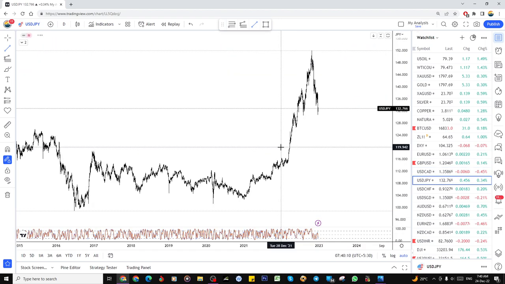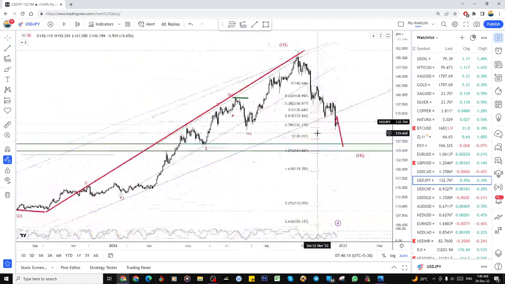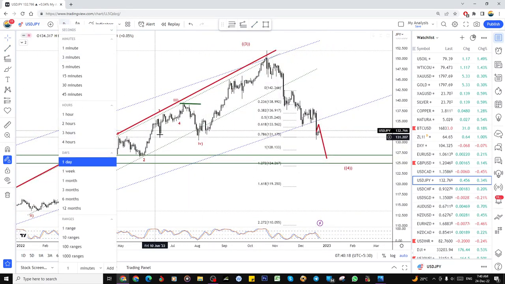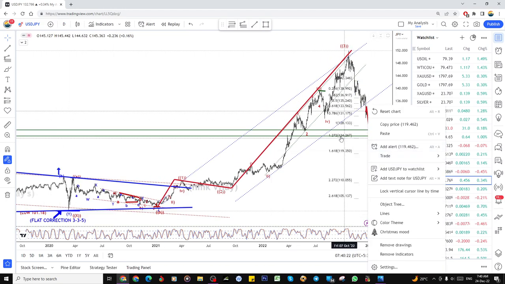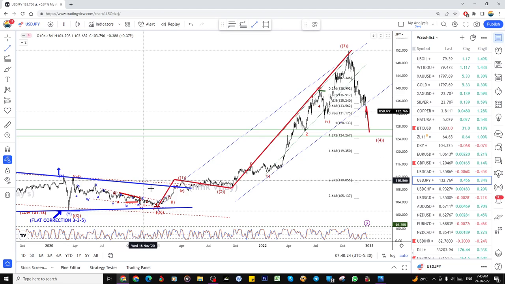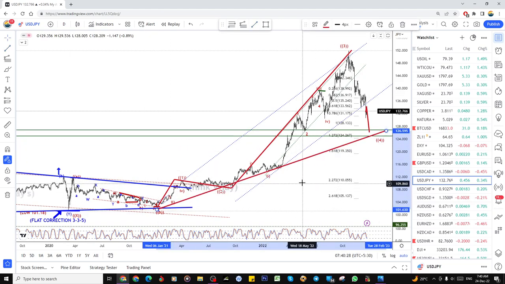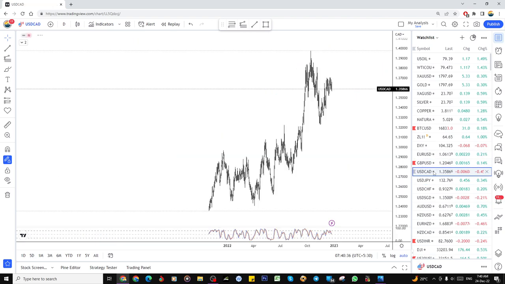So USD/JPY, it's looking like the same pattern, but from here I am expecting the four, but it can do like this also, because of the trend line here. If we place it here, it's the same as what we expected and did in GBP/USD, EUR/USD, USD/CAD.